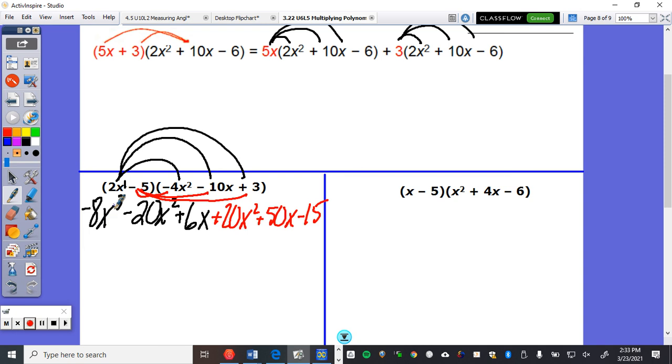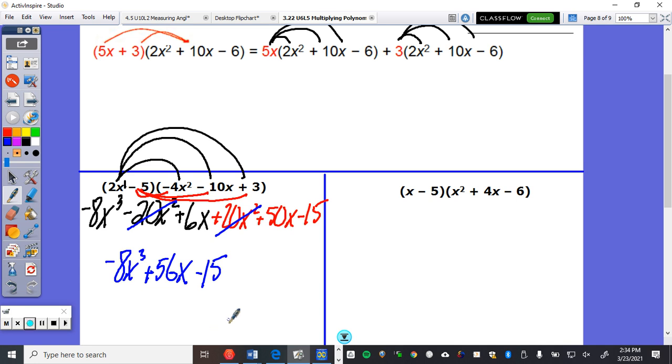I don't have any other x to the thirds, so this is going to remain unchanged. Negative 20x squared plus 20x squared is 0x squared, so they eliminate. 6x plus 50x gives me 56x, and then we just have the constant by itself. And that's my answer.